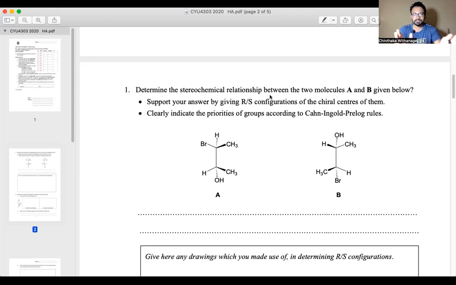Enantiomers are one relationship, diastereomers is another relationship. Most of the time that is what they ask: whether these are enantiomers or diastereomers.